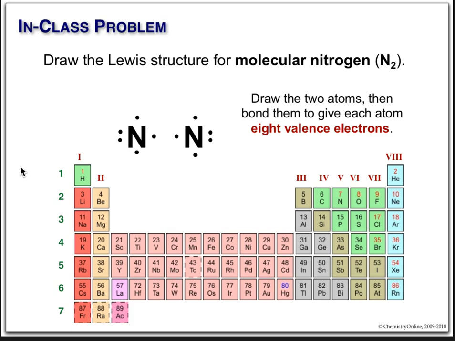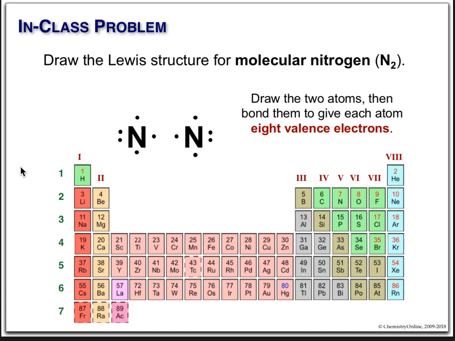We can do that. But that would give us 1, 2, 3, 4, 5, 6 electrons around the nitrogen. 6 is nice, but it's not 8. So what I'm going to do is take one of these guys and just move it in like this. Take this guy, move it in like this. And now we've got this.